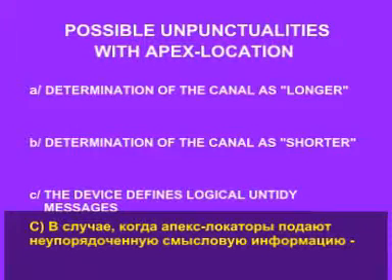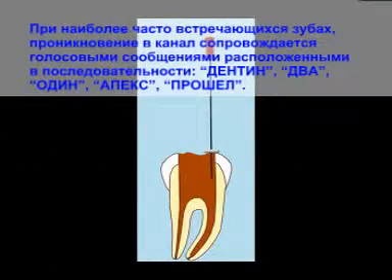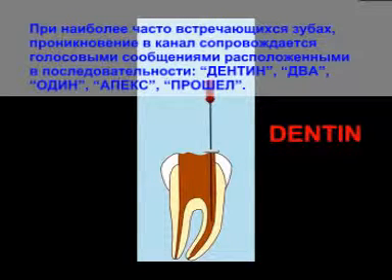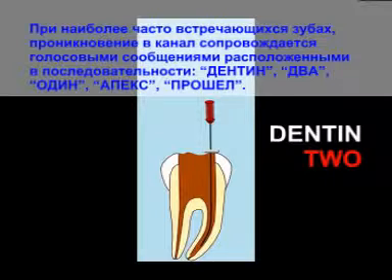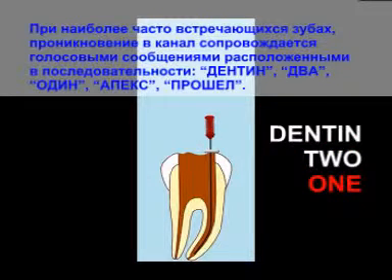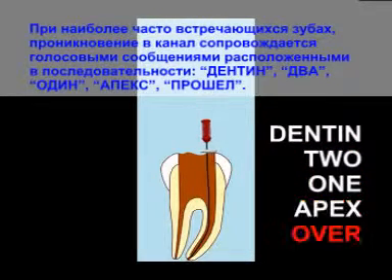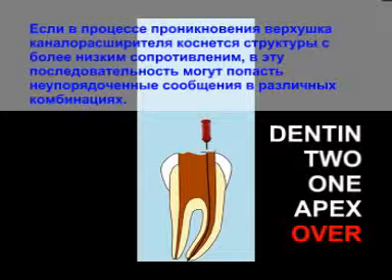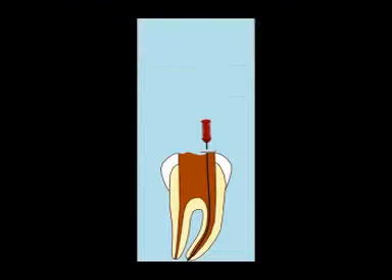C. Cases in which apex locators give jumbled information. Penetration in the canals of the most common tooth types is accompanied by oral messages in such sequence: dentin 2, 1, foramen physiologicum, foramen anatomicum. If during penetration the canal widener top touches low-resistance structures, jumbled oral messages in different combinations might appear in the sequence.